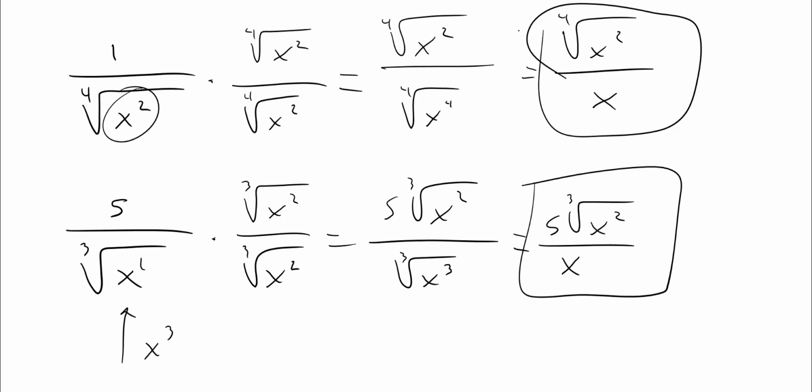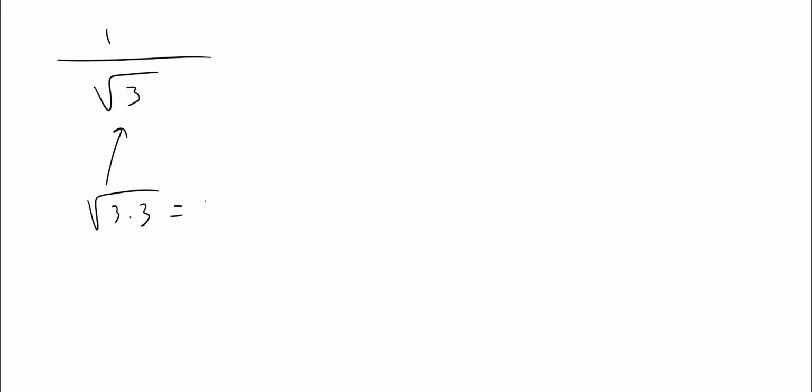So let's do that with numbers. We've done these already, so this is a little bit of review for you guys. I'm going to stick with 1. So 1 over the square root of 3. I need a pair of 3's to get rid of the square root.